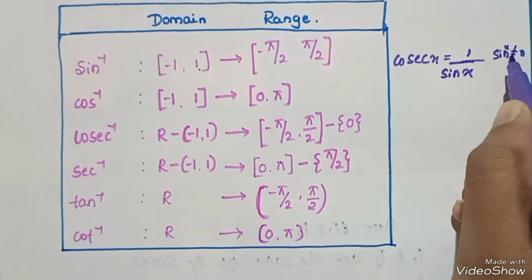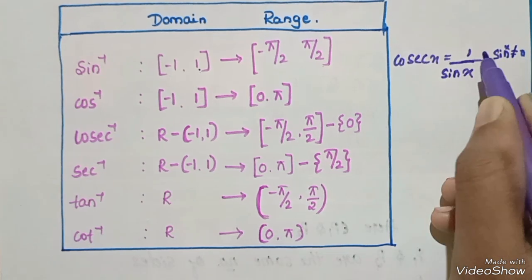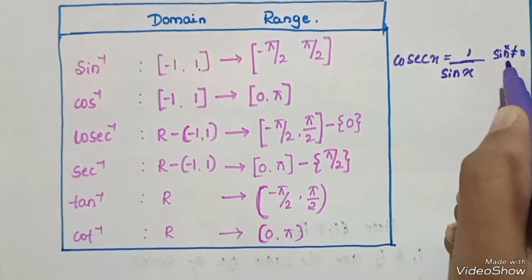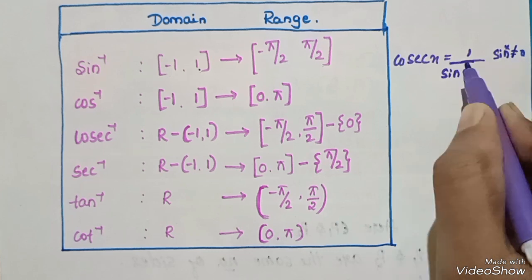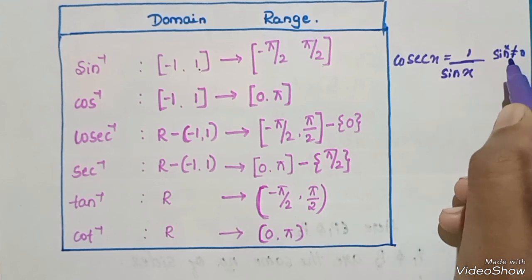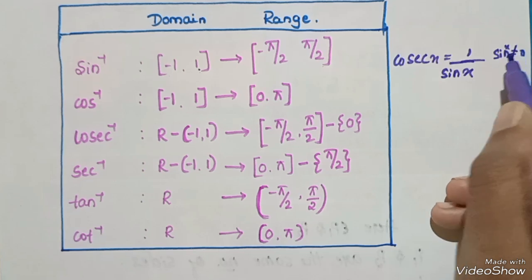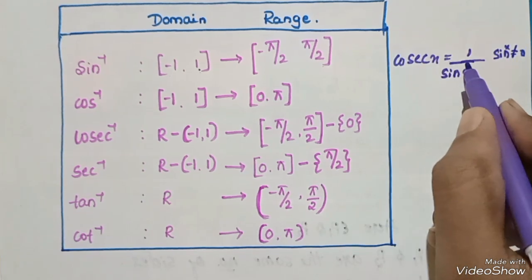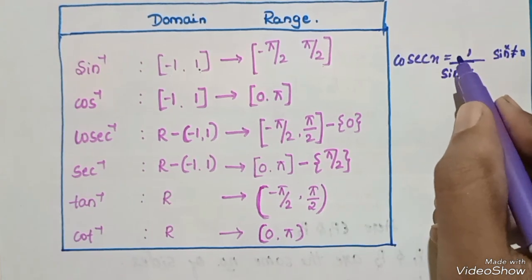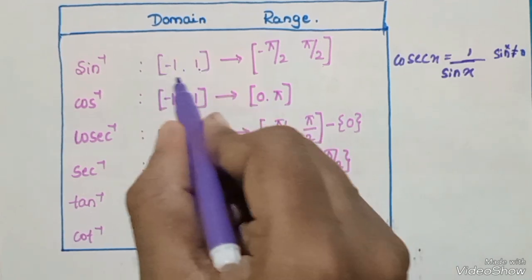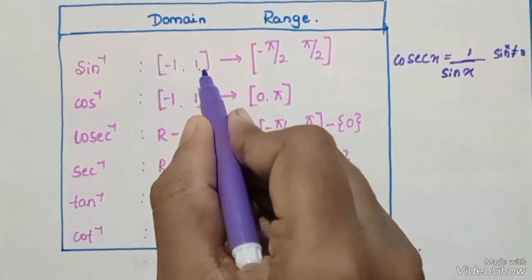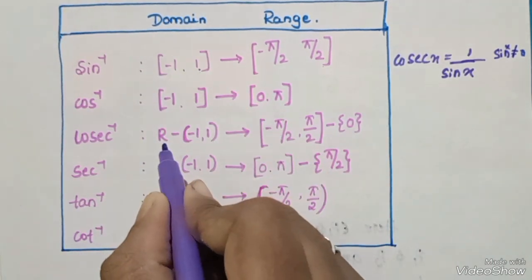If we consider sin x equals 0, we can't define the cosec x function. That's why sin x should never be 0. It means at those values the cosec function does not exist. So except these values we get the images.